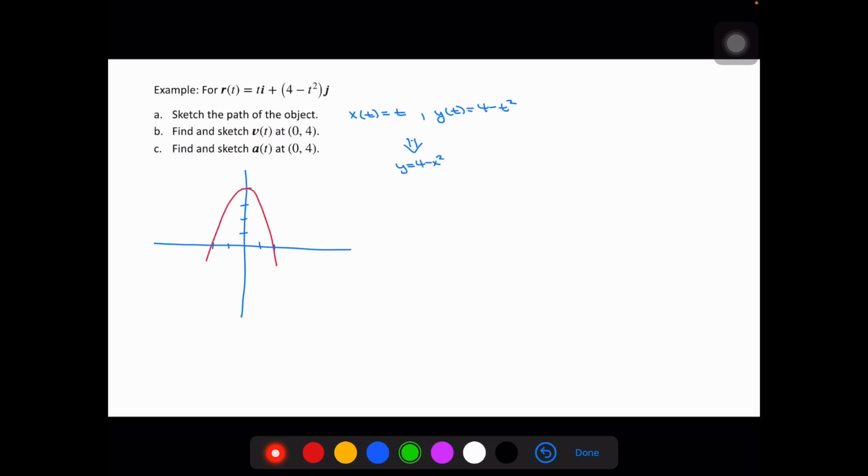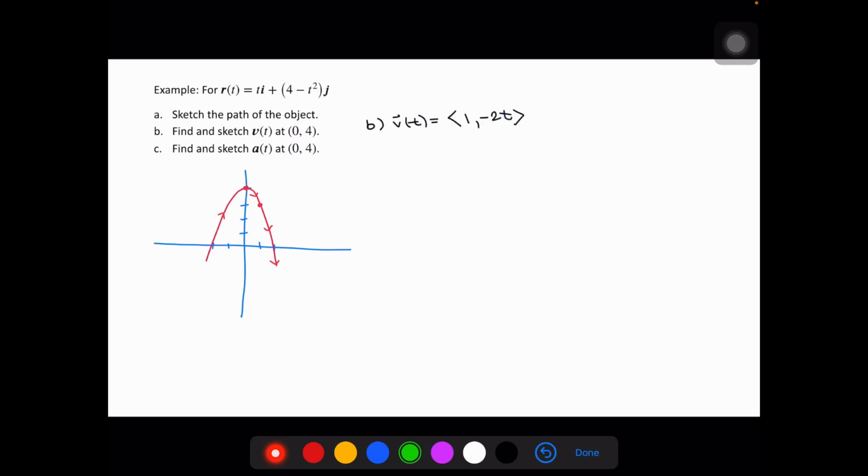Now, to complete this graph, I do need to figure out the orientation of the path, or the direction of the motion. I think the easiest way to do that is just to plot 2 points, and that'll show you what direction this object is traveling in. So for example, at t equals 0, if you plug 0 into those parametric equations above, you get x equals 0, y equals 4.